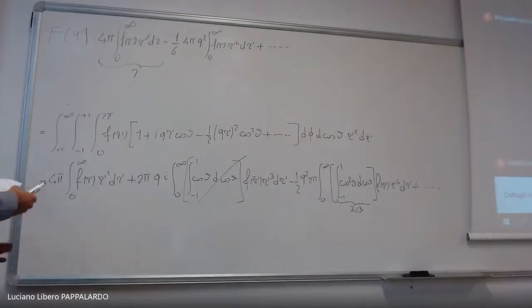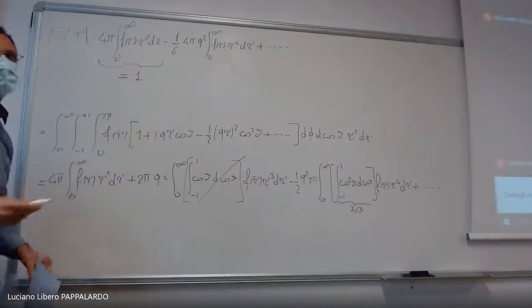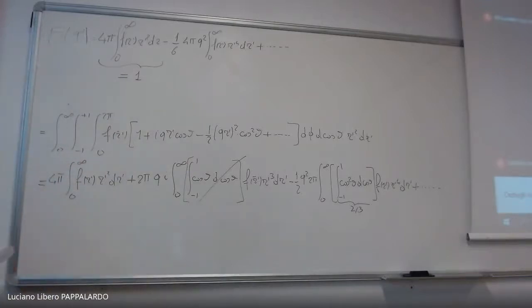This is the normalization condition, right, that we showed before, in order to have a total charge Q for our distribution of charge. So this is just one.